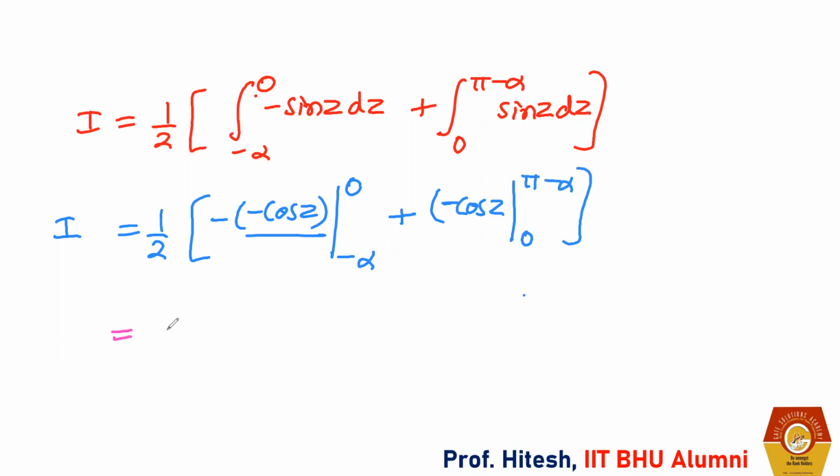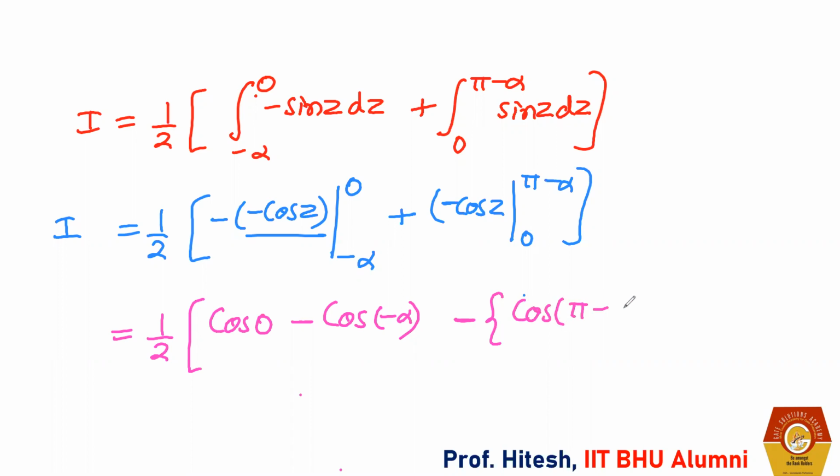So now cos 0 minus cos minus alpha. You know cos minus theta is cos theta only. Then minus cos pi minus alpha minus cos 0.